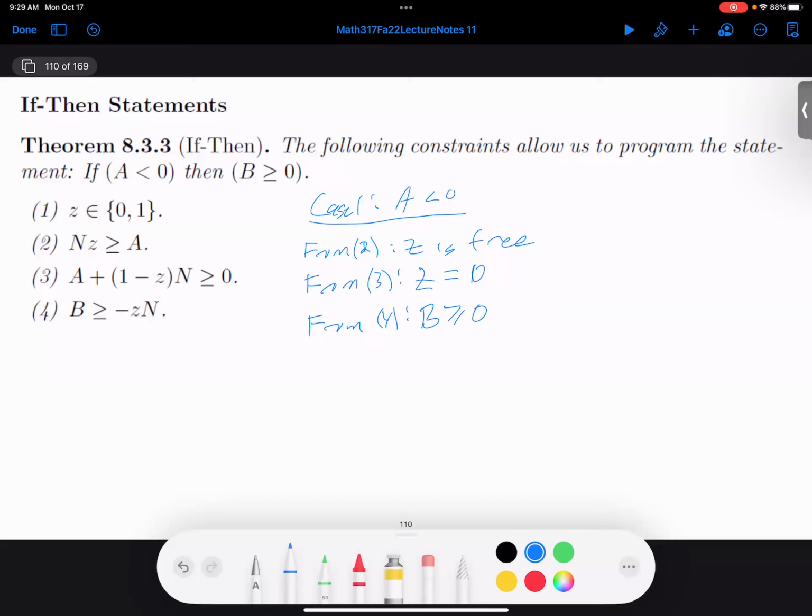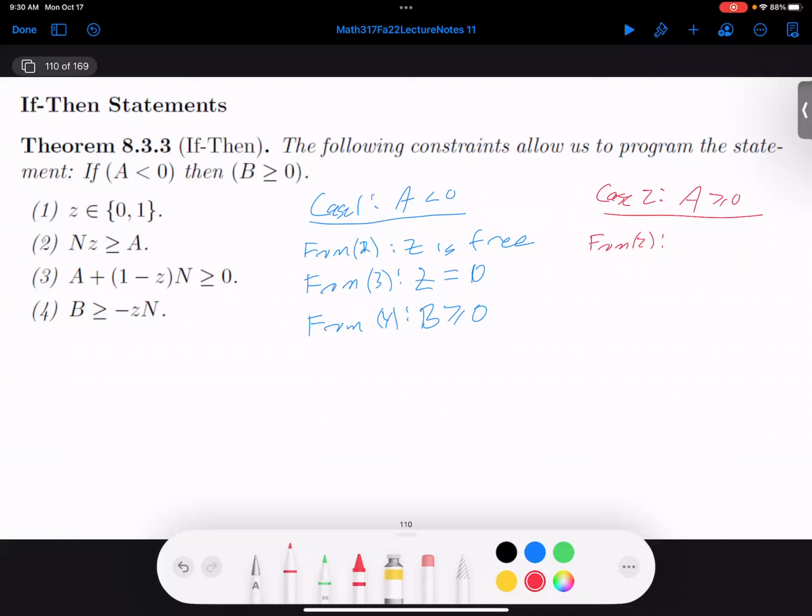But let's just investigate what would happen if A is greater than or equal to 0. What do we get from 2? If A is greater than or equal to 0, what must be true about Z? I don't think 0, 1.